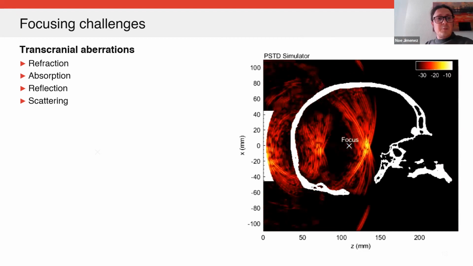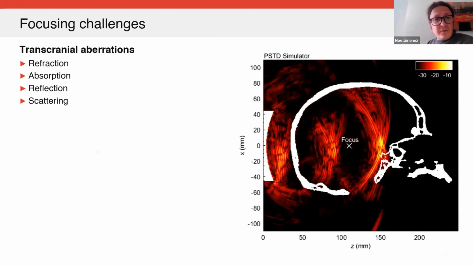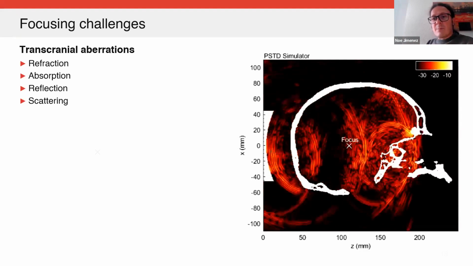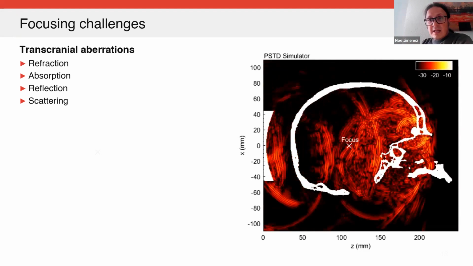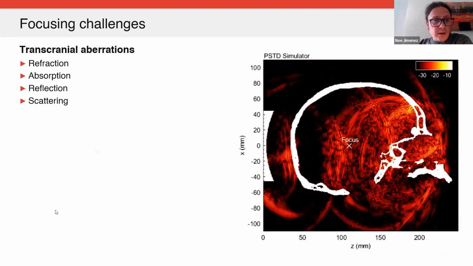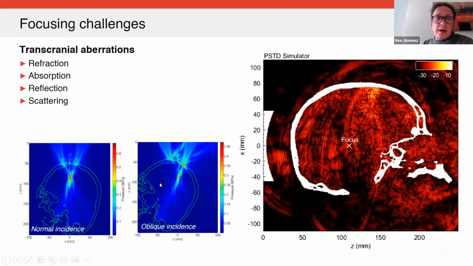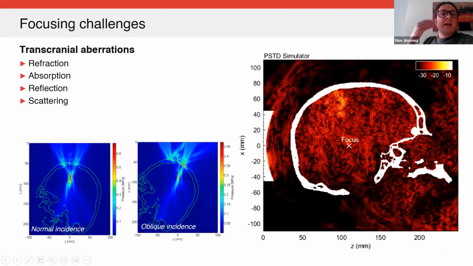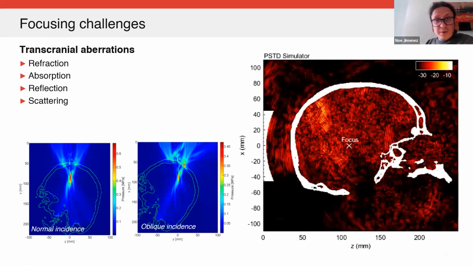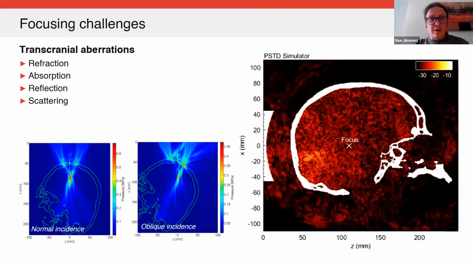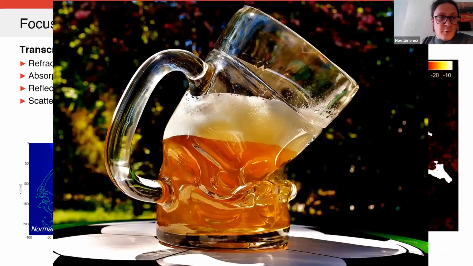You have multiple scattering, also reflection, and it creates aberrations in the beams you are trying to focus inside of your brain. As a result, you want to target some specific part of the brain, and if you don't use an advanced method in order to compensate these aberrations, you are going to lose the focal spot and lose the target. It's like trying to have a clear image through this aberrating or scattering and reflecting medium.